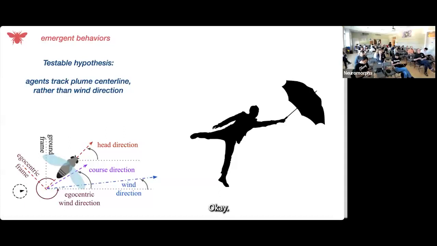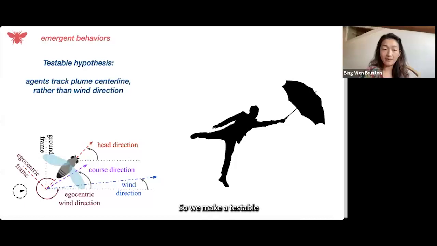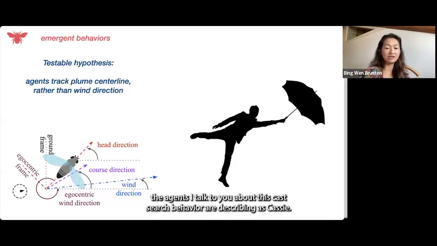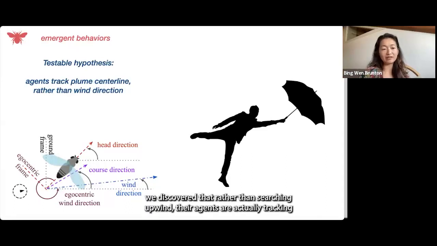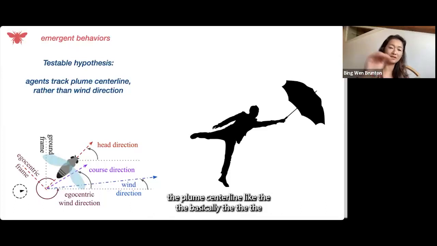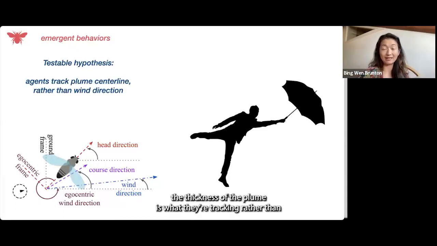Okay. All right, so we make a testable hypothesis out of this model. I talked to you about this cast and surge behavior, describing it as casting and then surging upwind. We discovered that rather than surging upwind, the agents are actually tracking the plume center line, basically the thickness of the plume, rather than the direction of the wind.